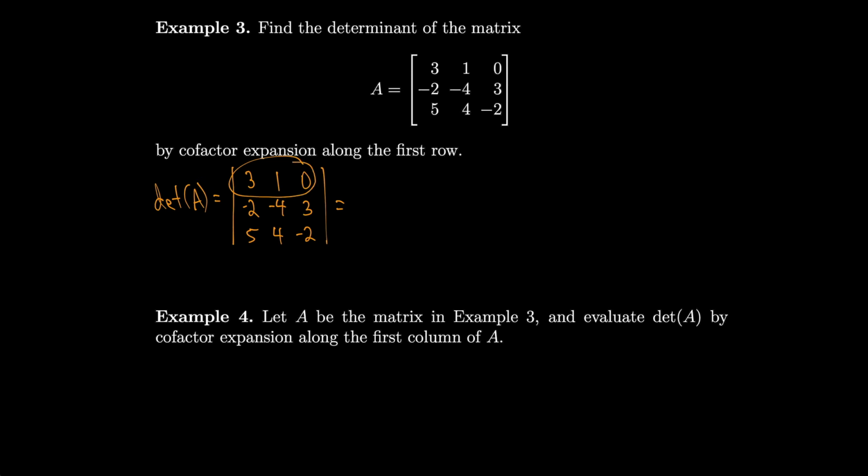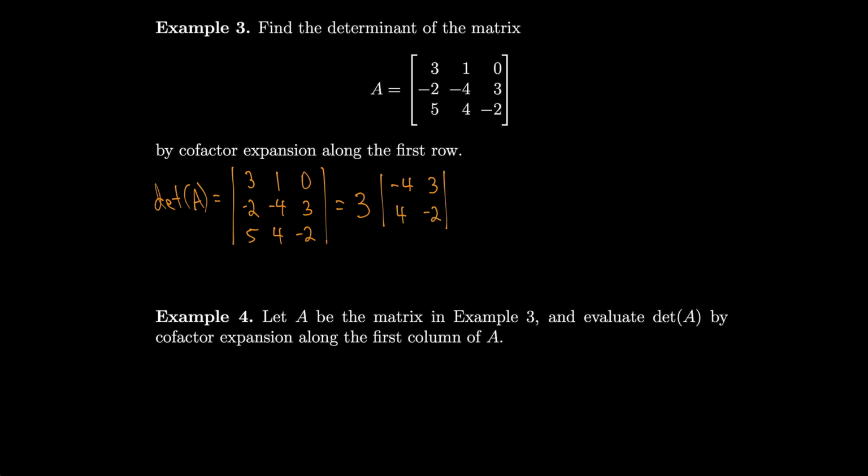So we're going to take 3, 1, and 0. I'll start with 3. I'll cross out all of these entries, and I'll end up with this matrix. So the expansion will be 3, I'll keep it, times the determinant minus 4, 3, 4, minus 2.